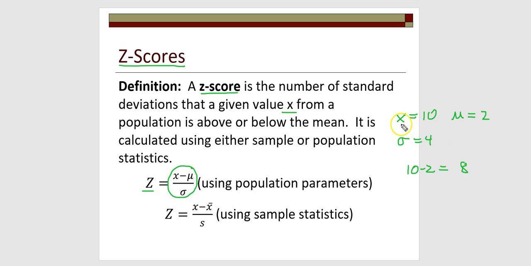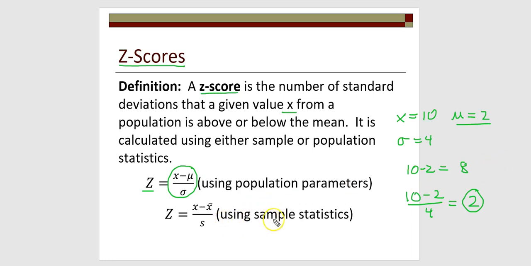So the score x would be 2 standard deviations away from the mean. We calculate that by evaluating 10 minus 2 divided by 4, and that gives us 2 back. So this is how many standard deviations 10 is away from the mean, which is 2. Now this 2 and this 2 are unrelated in this case.